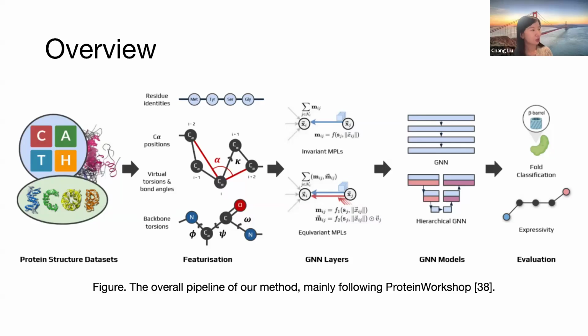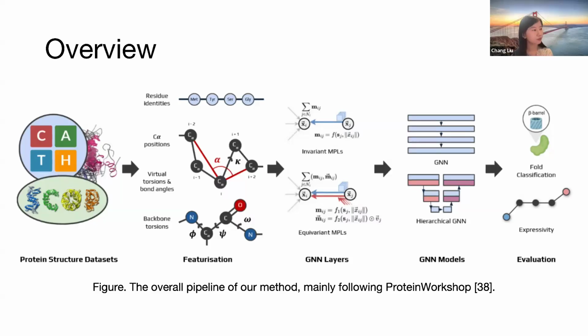The first one is protein structure datasets. If you want to train any neural network, you need to find the right dataset. For our case, we downloaded the open and free dataset named SCOPe from the internet. If you're curious, you can also try our models with other datasets like CATH, which is also a very well established dataset in protein structure.